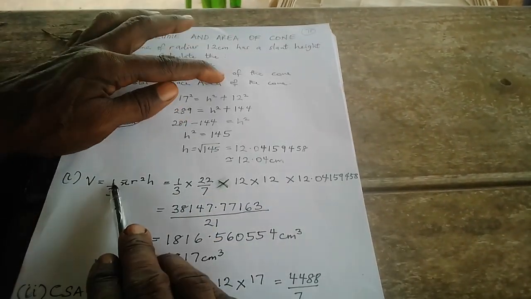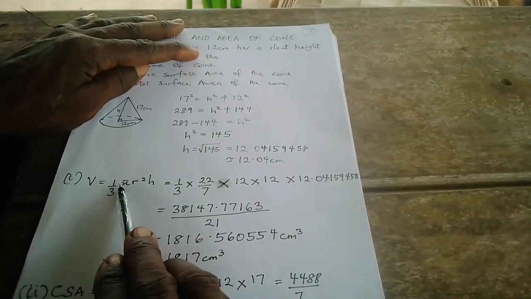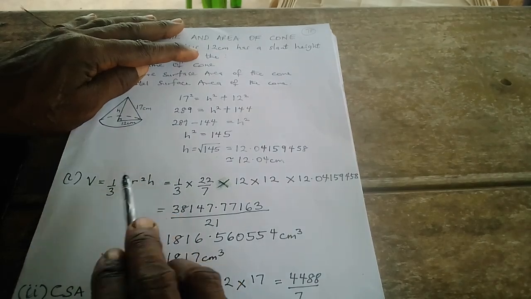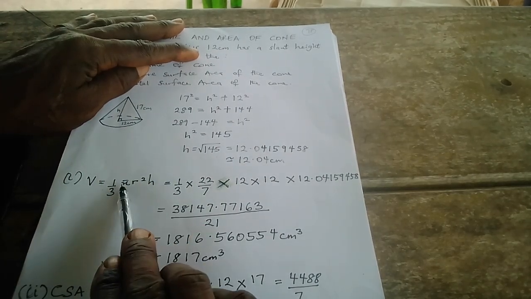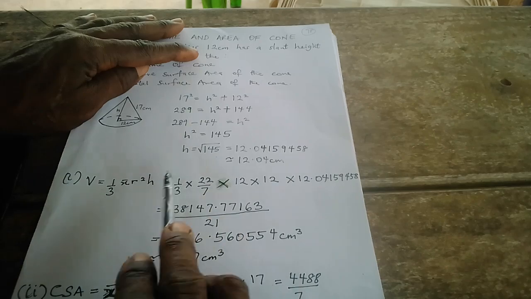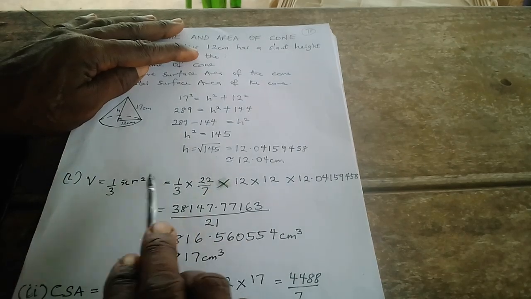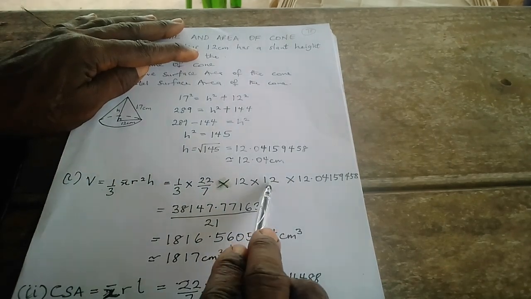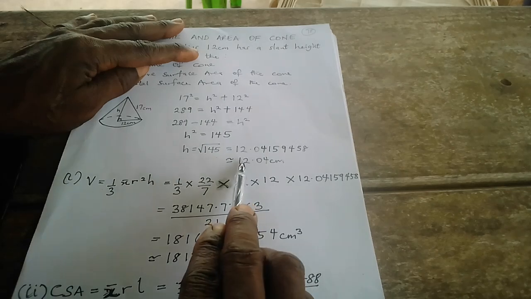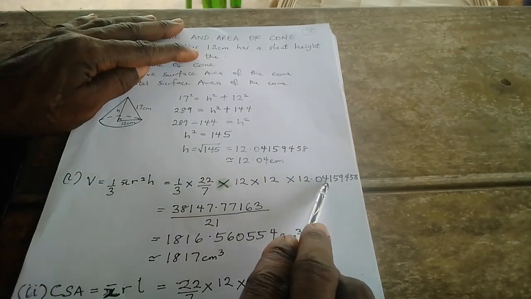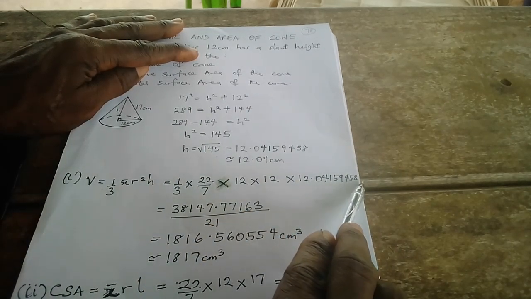The volume of the cone is 1/3 πr²h. So we have 1/3 times π, which is 22/7, times r, which is 12, so r² is 12 times 12, times the vertical height, 12.04159458.